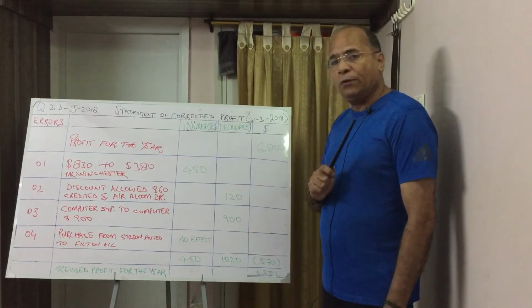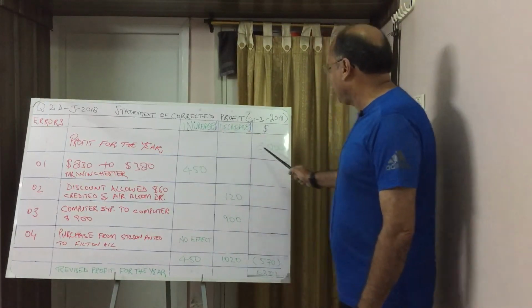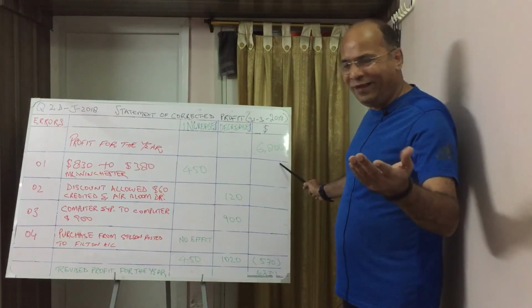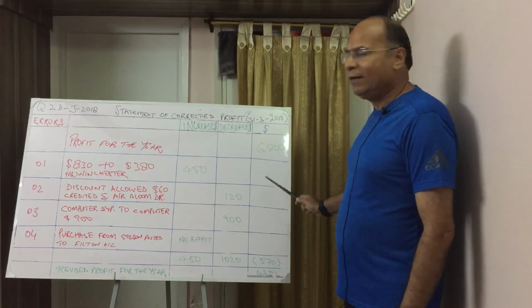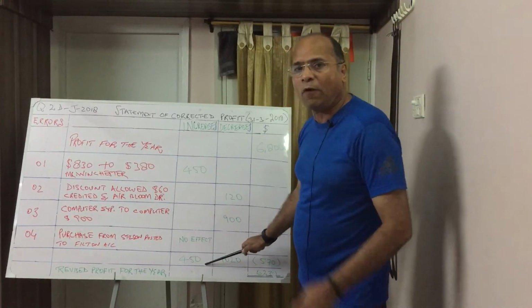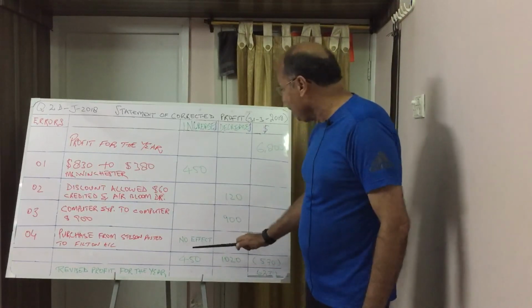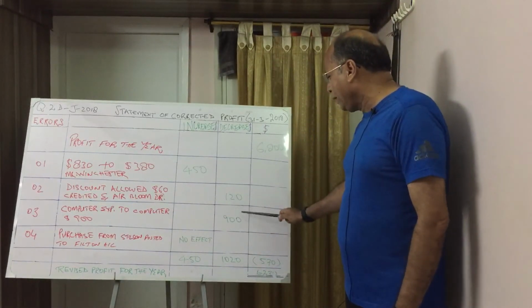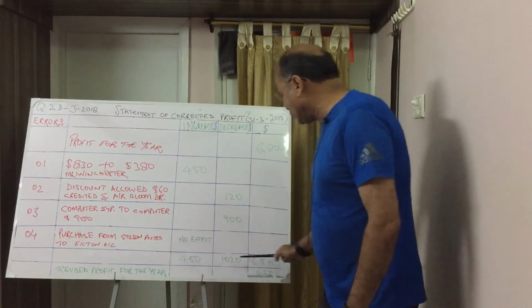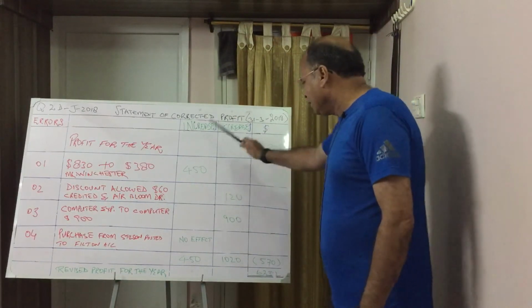Now we are supposed to take our first profit figure, the unadjusted profit figure, which was 6,800. Then we take the total of the increase column, increase in the profit, which is 450, and the decrease column, which is 120 plus 900, 1020. Then we take the difference of these two. This is decreasing, this is increasing.